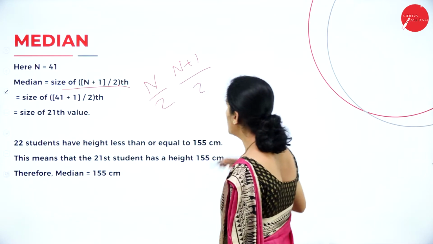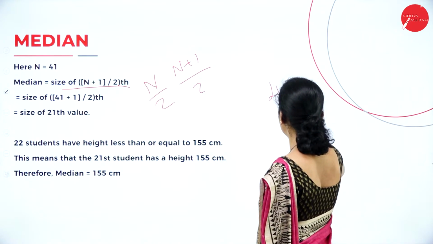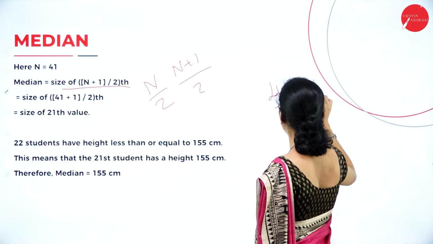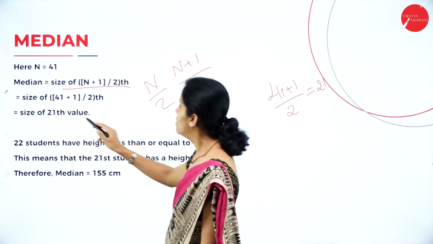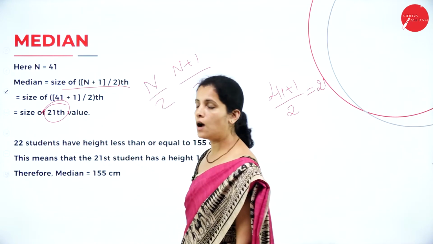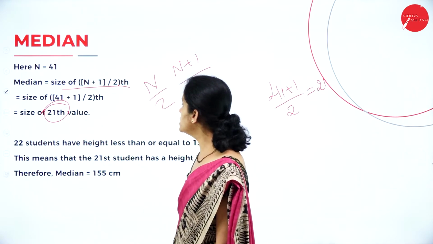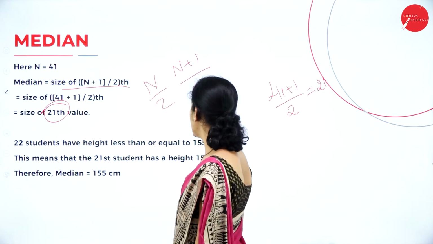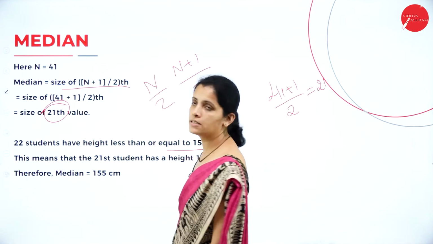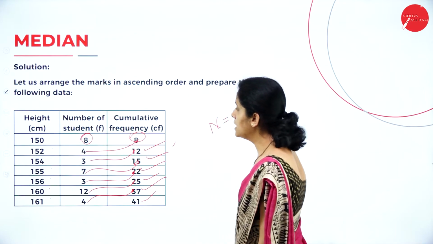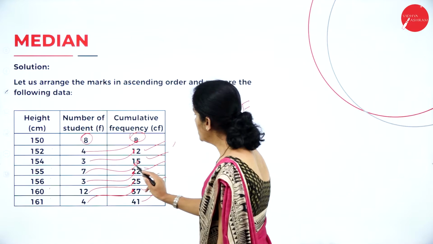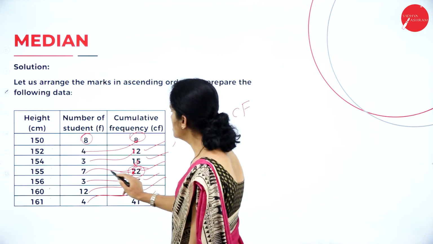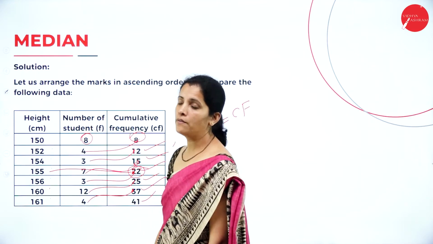Okay, fine. Now what is n? That is 41 plus 1 divided by 2. It is 21. Okay, fine. 21. Now the 22 students have height less than or equal to 155 centimeter.